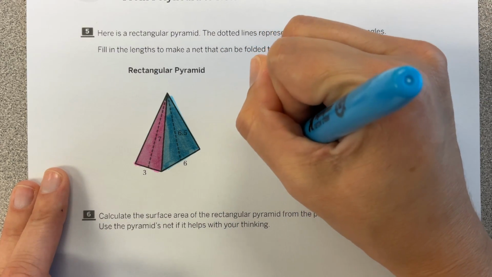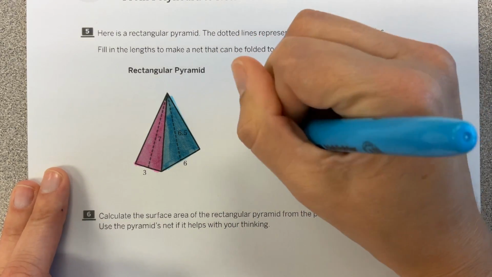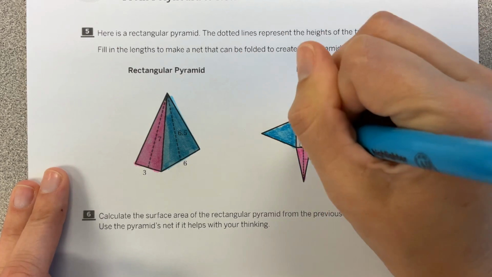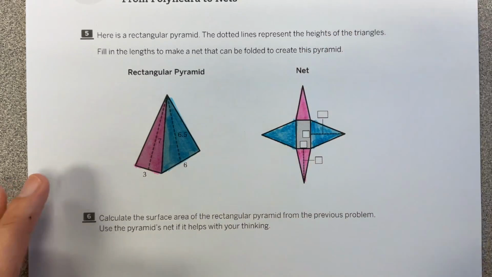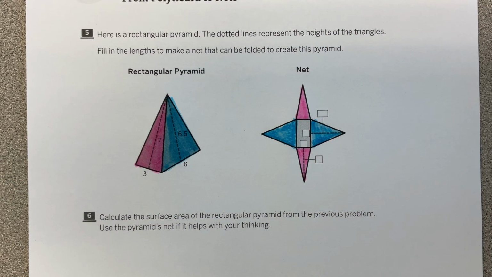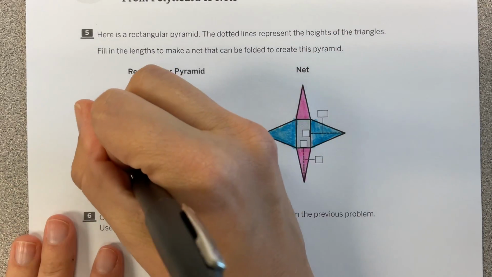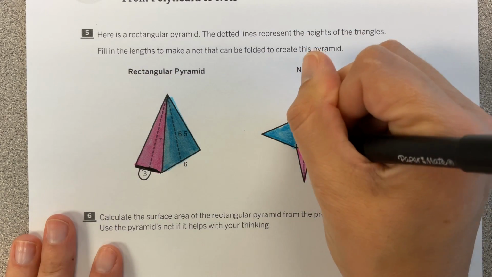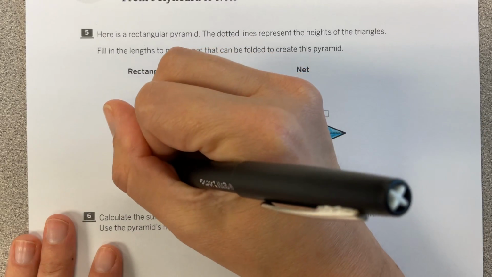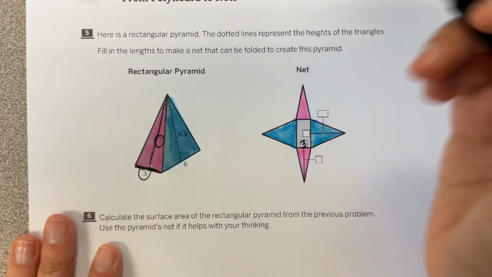So I'm going to highlight these 2 triangles. And now we can use this to fill in those missing lengths. For the pink, that base length across was 3, and that dotted line, that height of the triangle, is 7.